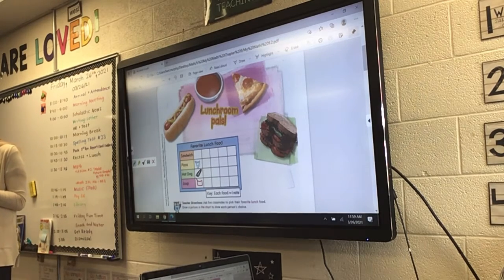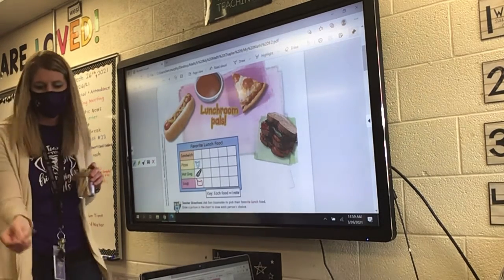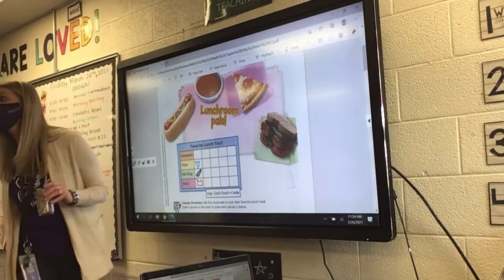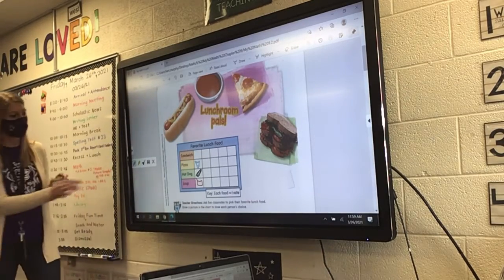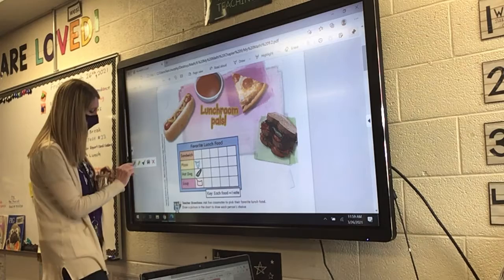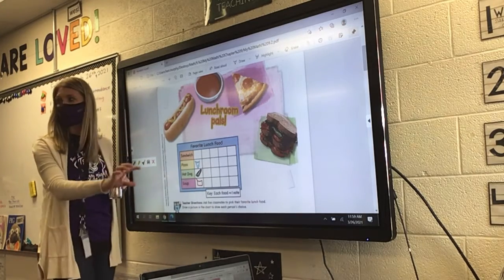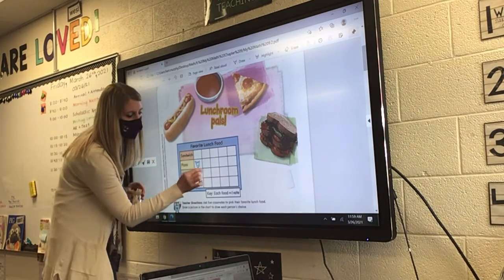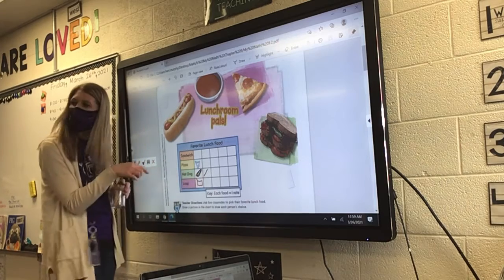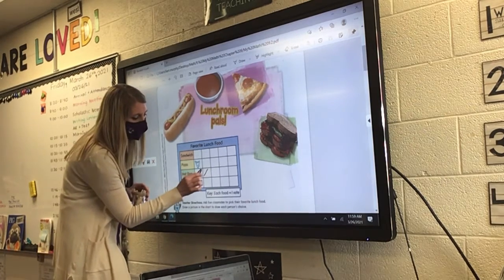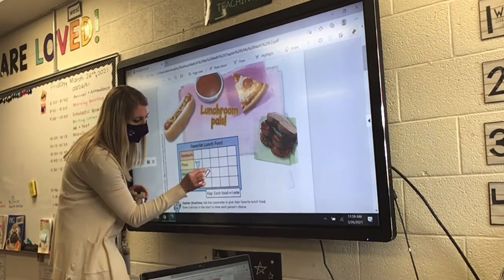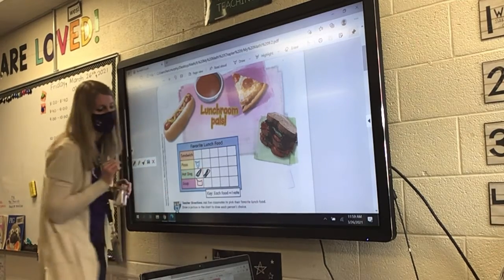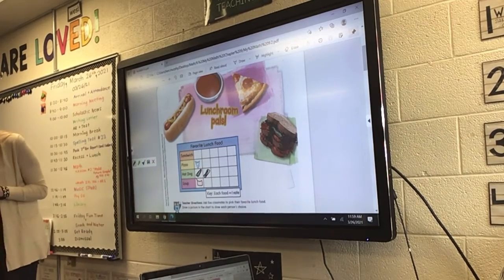The next lucky person is Lewis. What did you say, Lewis? Hot dog. Lewis picked hot dog. So now we're going to go over to the next box, going across from a hot dog, and draw this. Try to make it look like your first picture as best as you can. All right.